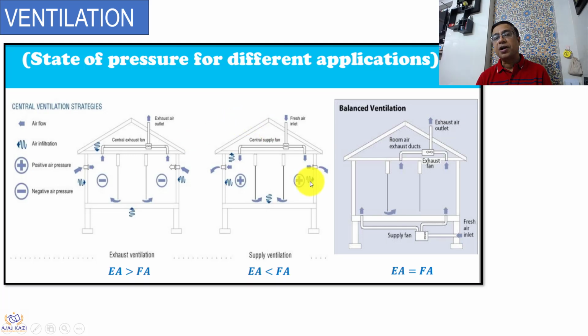When you have supply more and exhaust less, which is here, this is supply ventilation, and then we maintain a positive pressure, right? And then we have balanced ventilation, where the same amount of air is coming in and the same amount of exhaust is happening, where EA is equal to FA, and you get balanced ventilation. So this is a fundamental principle for different applications of ventilation.